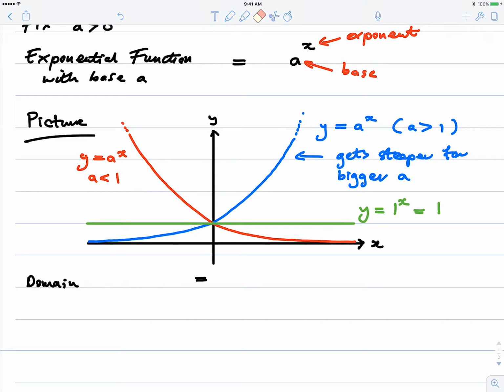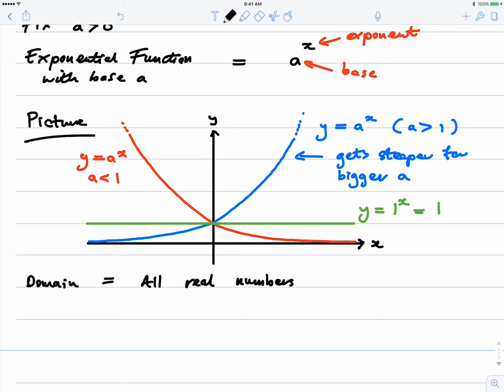The domain isn't the issue, so the domain is always the same in all cases. So regardless of a, as long as it's strictly bigger than 0, I can feed in any value of x. So the domain is all real numbers. a to the x always makes sense as long as a is greater than 0.